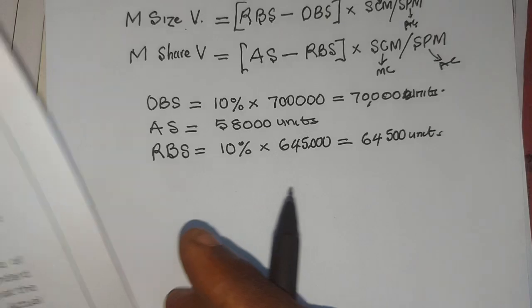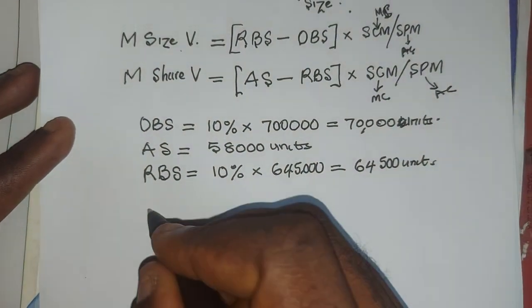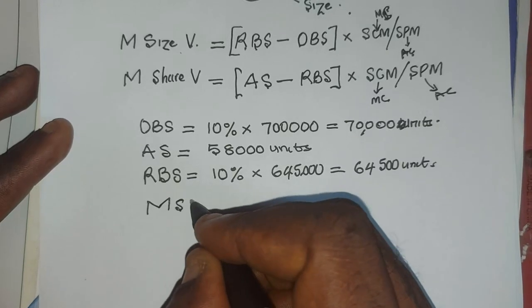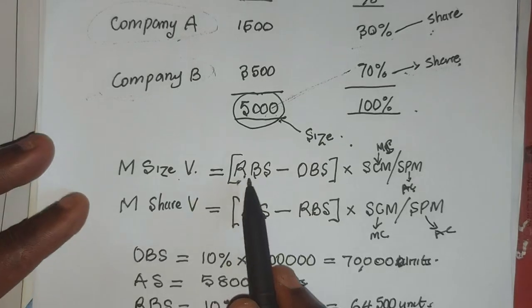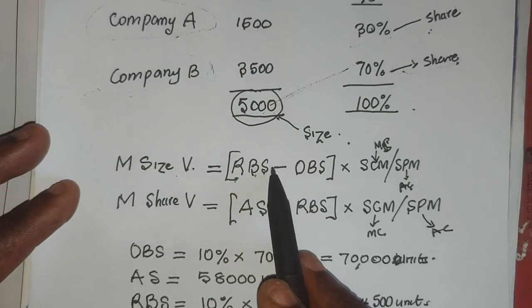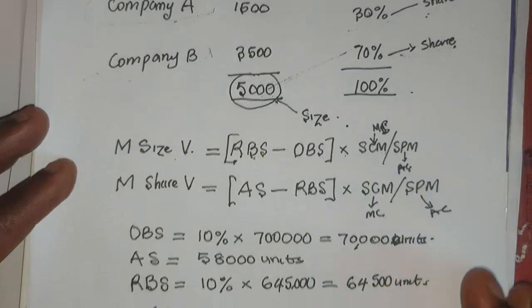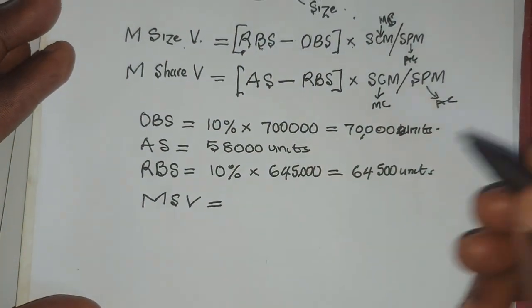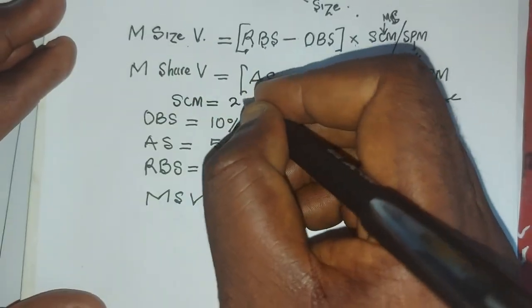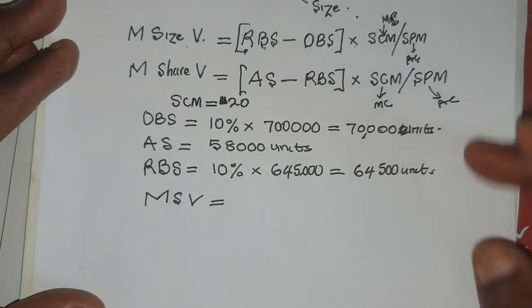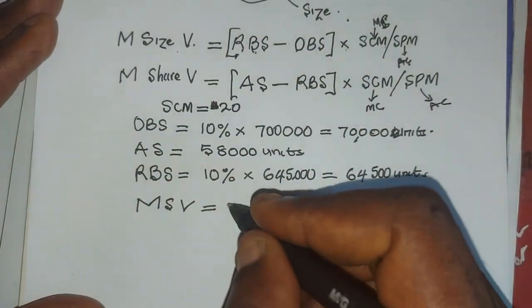Now we are to calculate market size variance. Market size variance is nothing but the revised budgeted sales minus original budgeted sales times standard contribution margin. We have been given the standard contribution margin: it's given to be 20 naira. So having defined this variable, when you see a question, bring out the variables, then apply the formula.